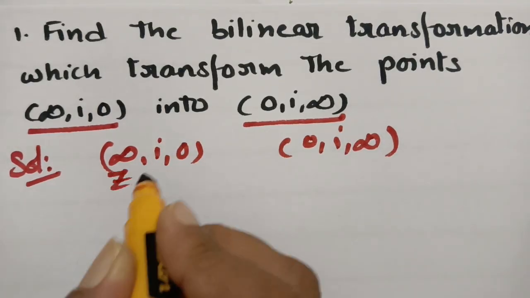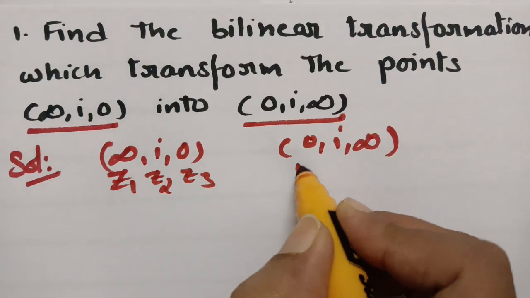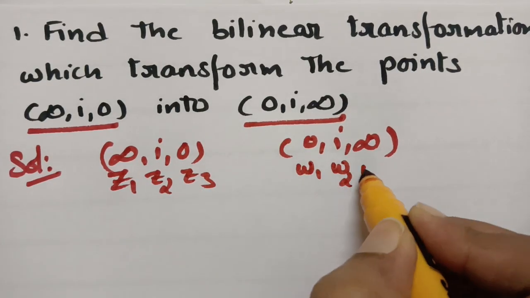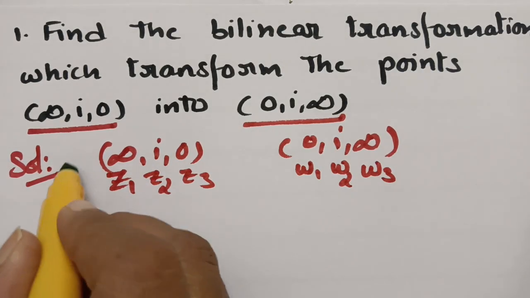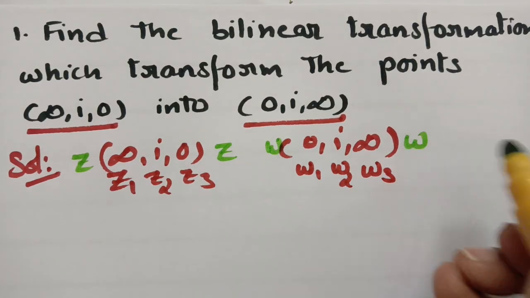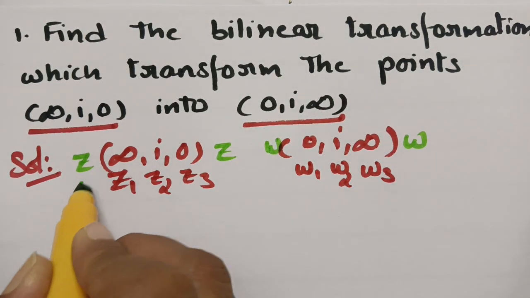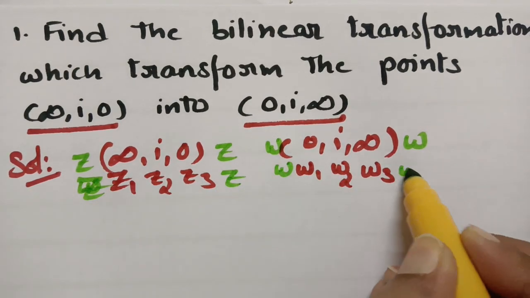So if you make it z1, this is z2 and this is z3, and this is w1, this is w2 and this is w3. So make sure that you consider z in front and here also one z, and here one w and here one w. See here, this is z and this is z and this is w and this is w.